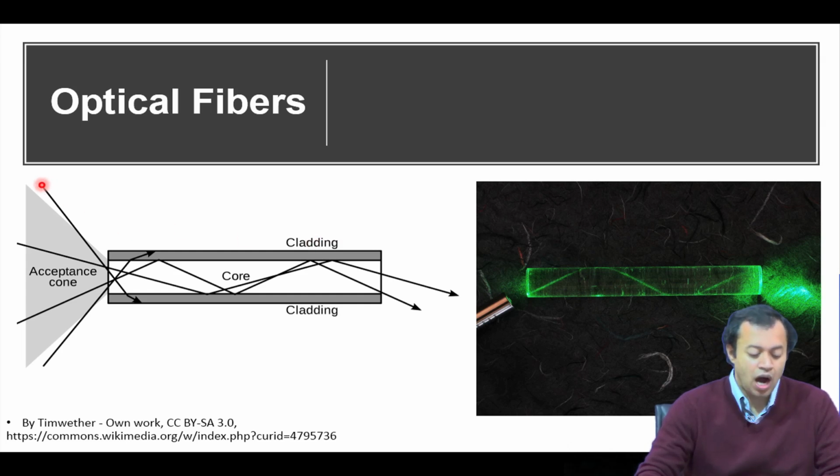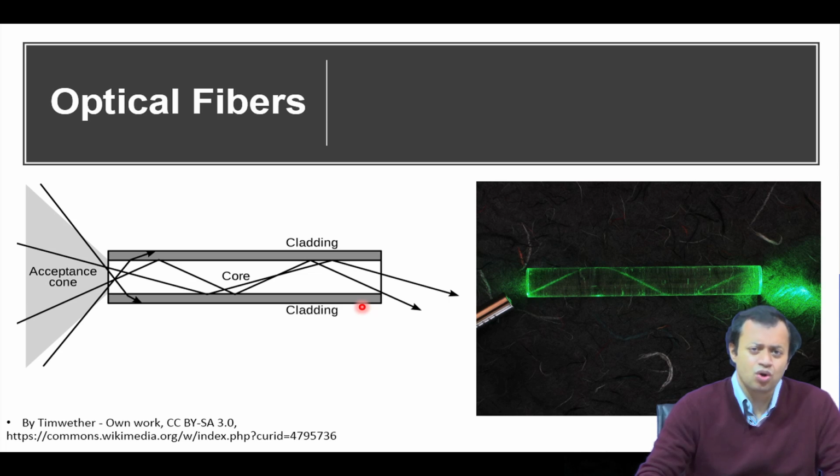And if you shine light onto this tube at a very specific angle, you can guide this light completely by the process of total internal reflection.